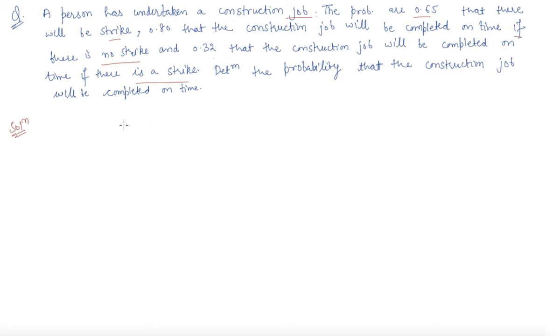So let A be the event that the construction job is completed on time, and B be the event that there will be a strike.